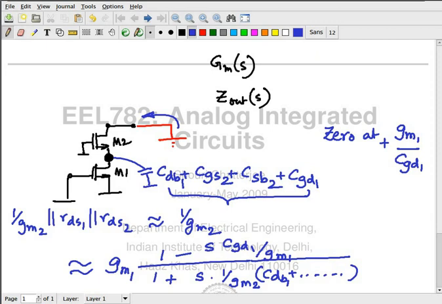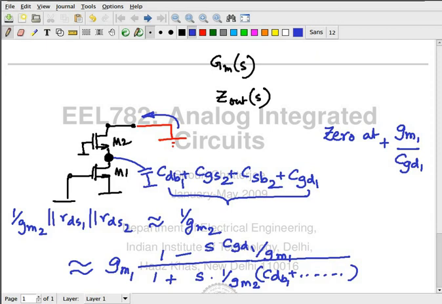If you recognize that there are two poles. This is okay? So far so good?